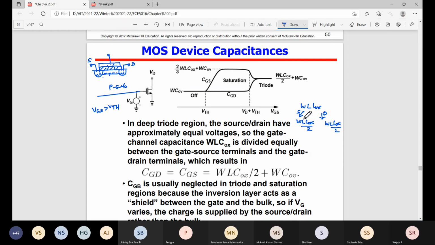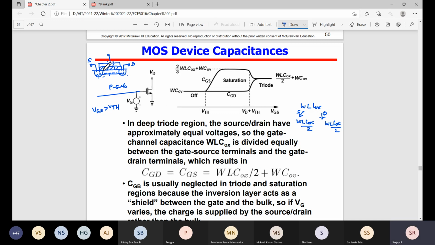Once the channel is formed, gate to bulk capacitance is contributed by gate to source and gate to drain. Since it is uniform, I can approximate them equally, because looking from the gate, both have an equal number of charges. So the total capacitance is W L Cox, and I can assume 50% for source and 50% for drain. So W L Cox by 2, since the channel is in the triode region.